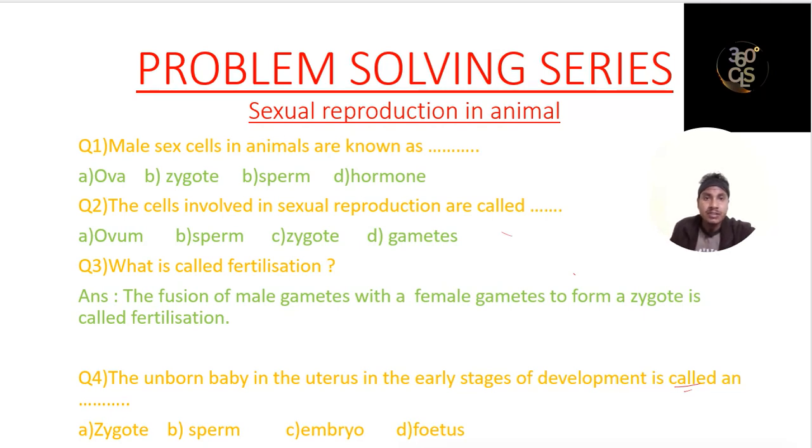Male sexual cells in animals are known as: the first option is ova. Ova is the female sexual cell. Zygote is the product of fertilization.